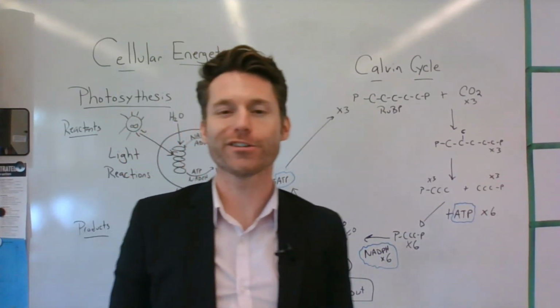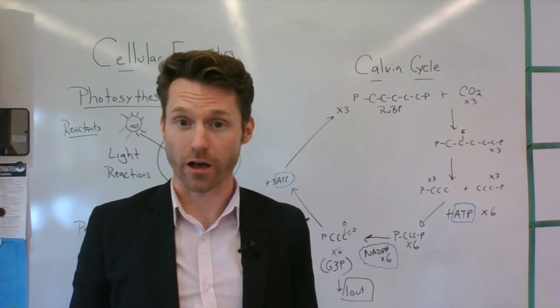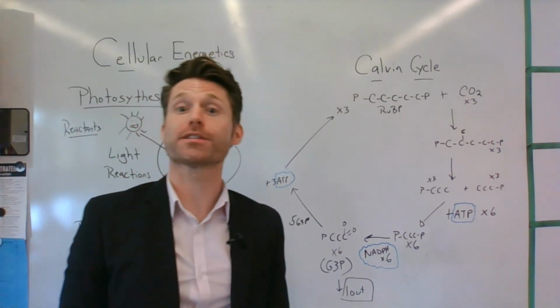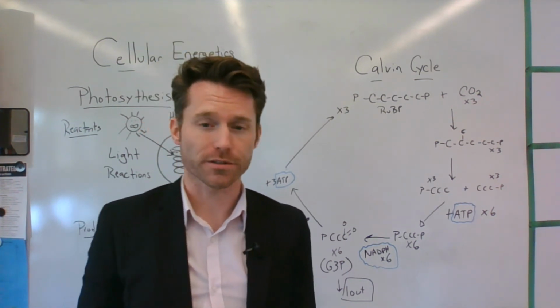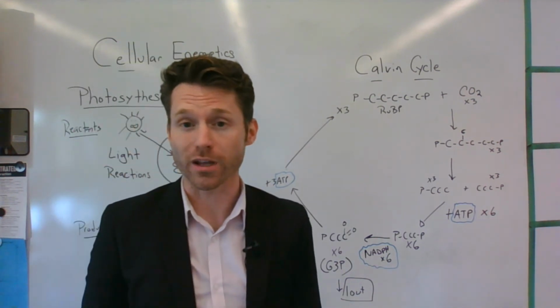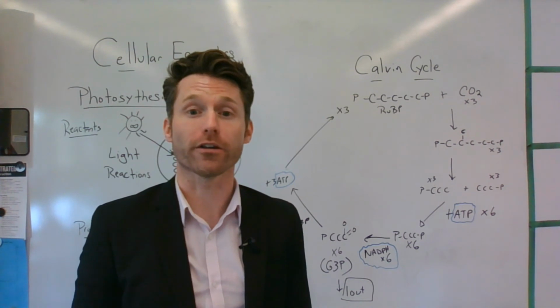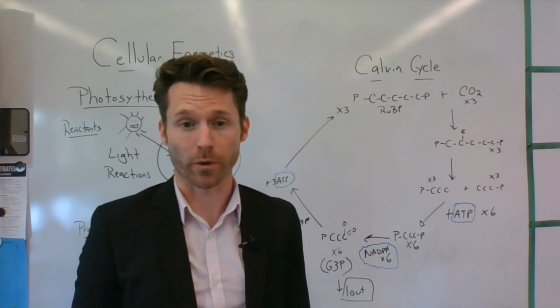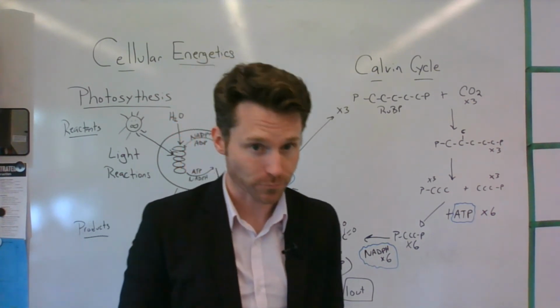So, on to the second step of photosynthesis, the Calvin cycle. Again, this is occurring within the stroma of the chloroplast, so it's in the space between the thylakoids. So we just dumped out NADPH and ATP from the light reactions into the stroma, and they are being used in this process here.